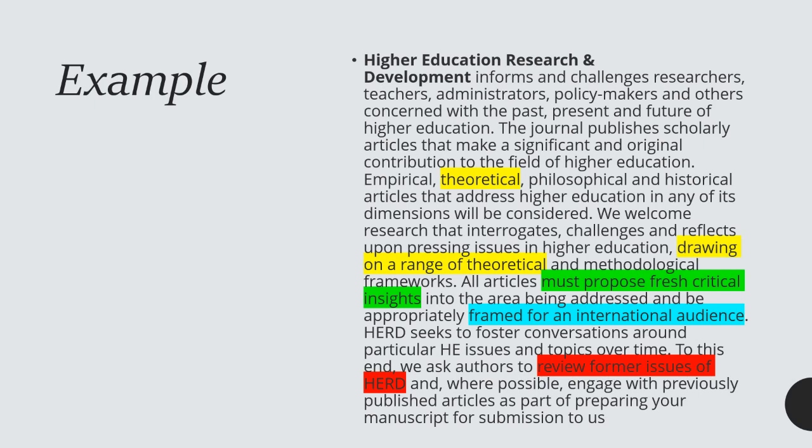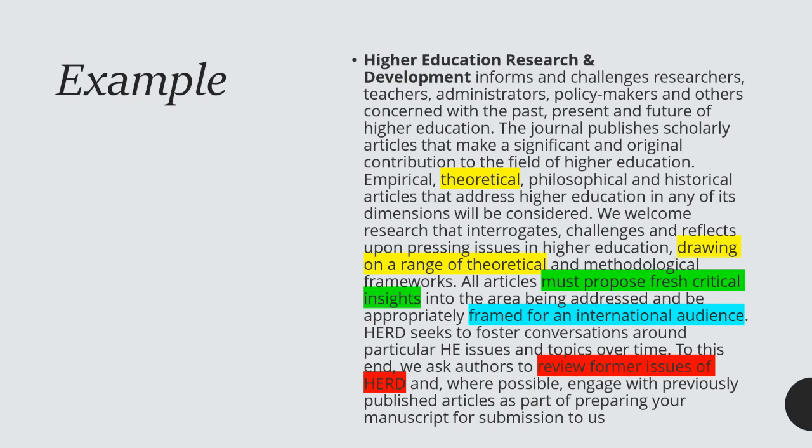And then, we ask authors to review former issues of this journal, and where possible, engage with previously published articles as part of your preparation of the manuscript for submission to them. So what they do here is that they actually ask you to use articles from their journal. And so if you've done it from the beginning, you've identified this journal as one of your top journals, then your work already used this journal as references, and you already comply with this requirement.